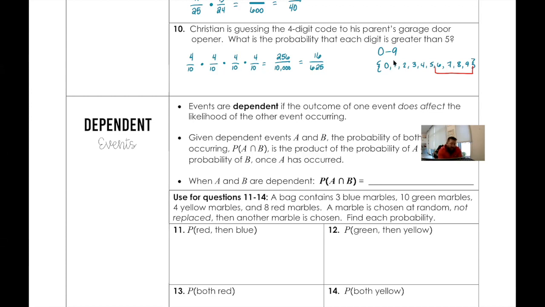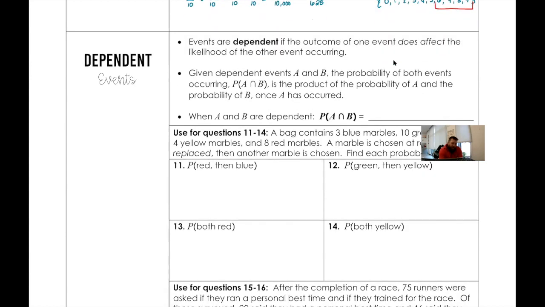So the probability of A and B, you're going to take the probability of A and multiply it by the probability of B given A. So this guy right here stands for given. So it is the probability of A times the probability of B given A did occur.